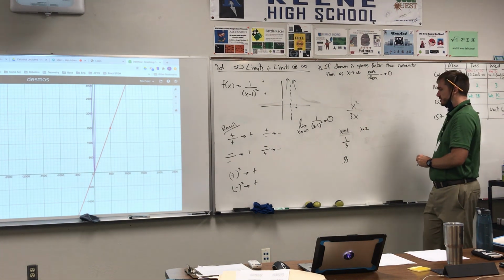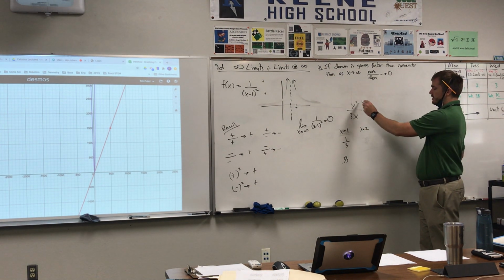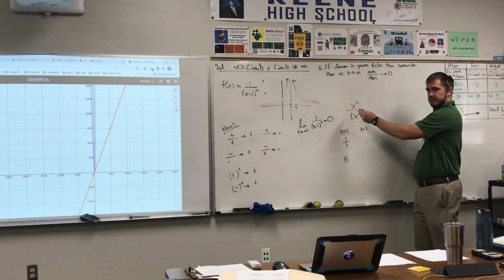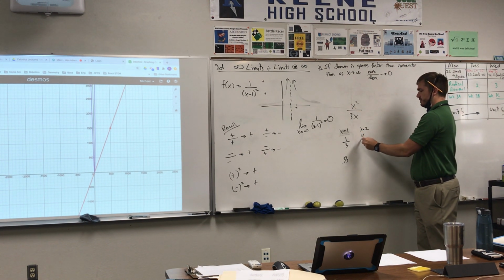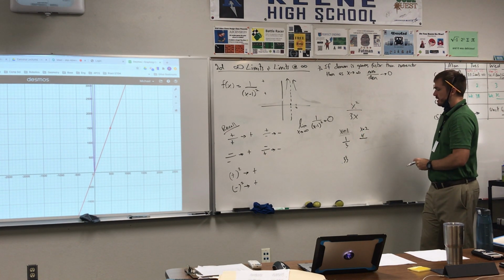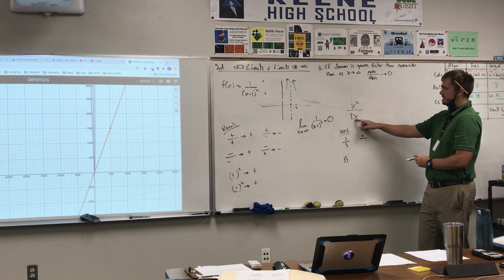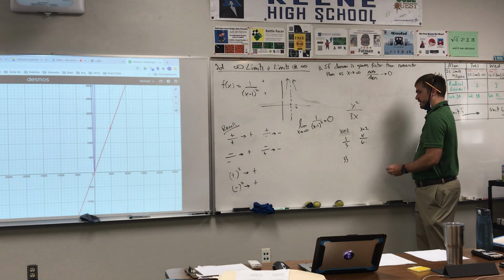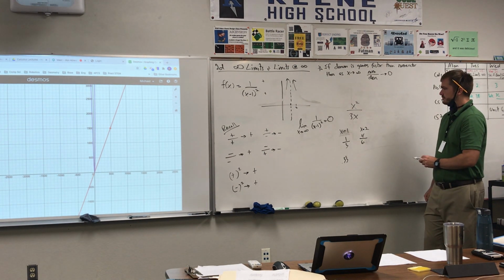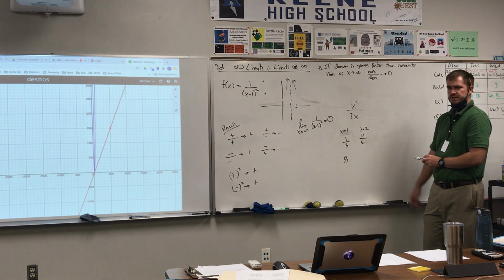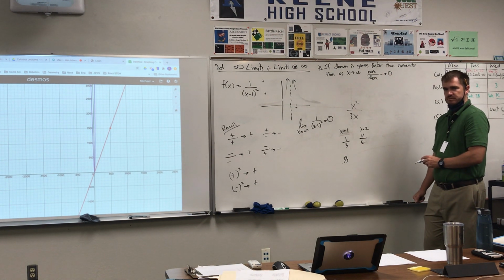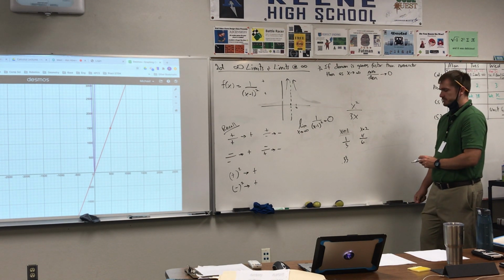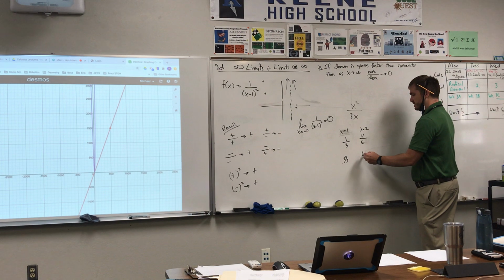When x equals 2, we have 2 squared in the numerator, which would be 4, and we have 3 times 2, so we have 6 in the denominator. What's 4 over 6, class? 0.66.